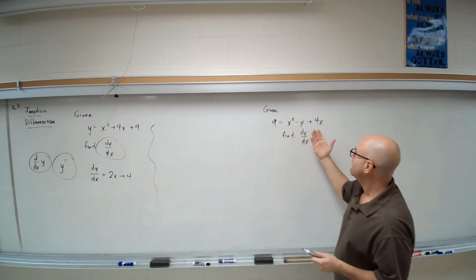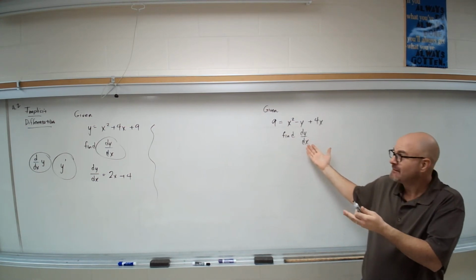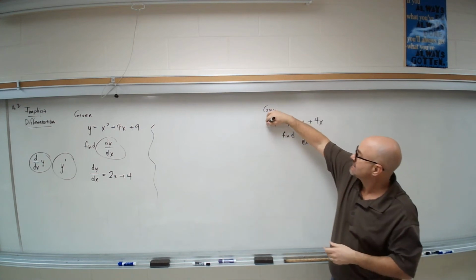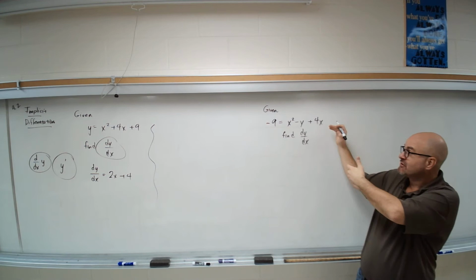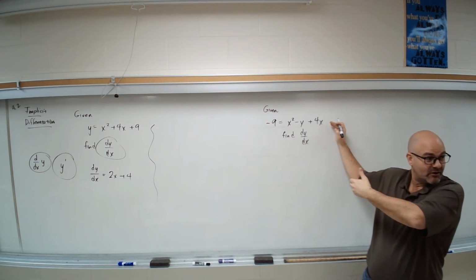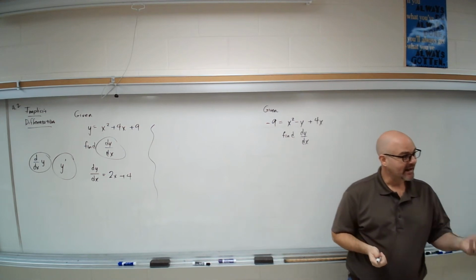Now, what would this one be? This is the same function. I just subtracted y from each side and subtracted 9 from each side, right? But could you take the derivative when it's written like this? Sure. You're going to take each term and take the derivative with respect to x.